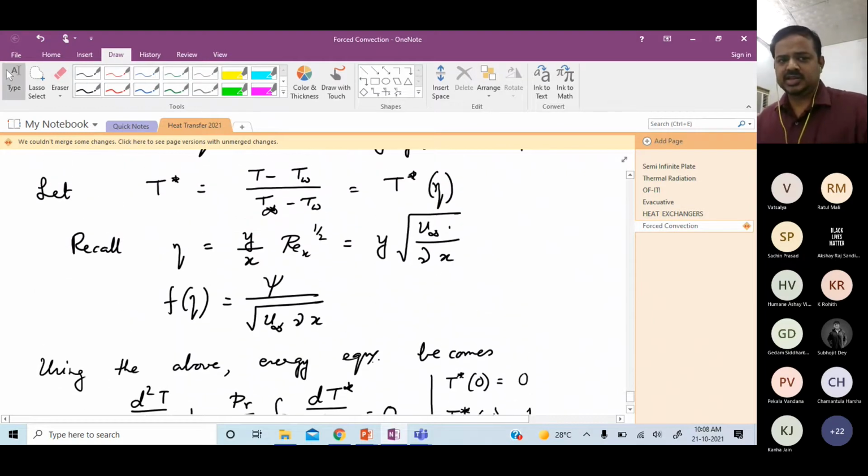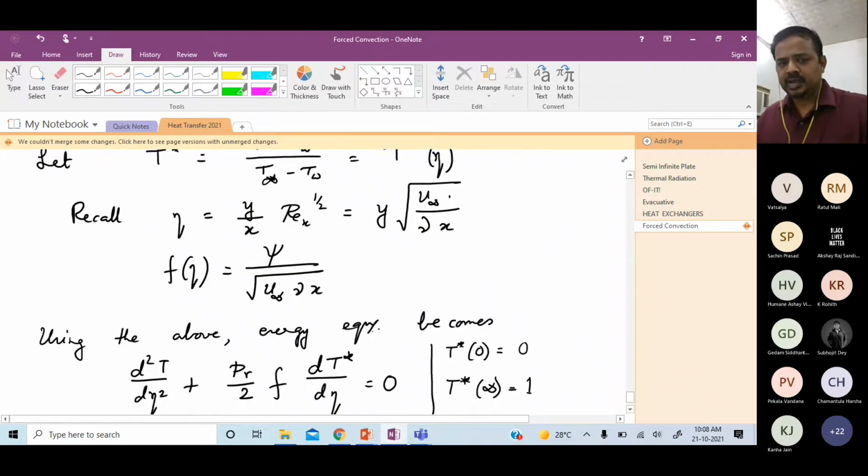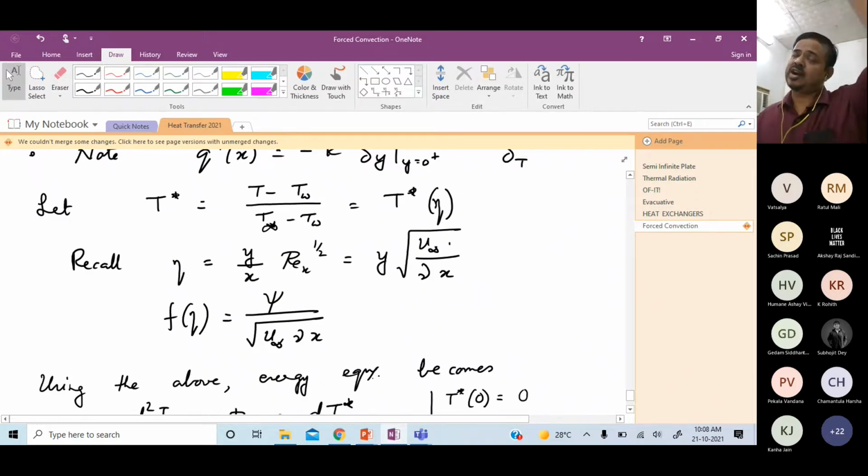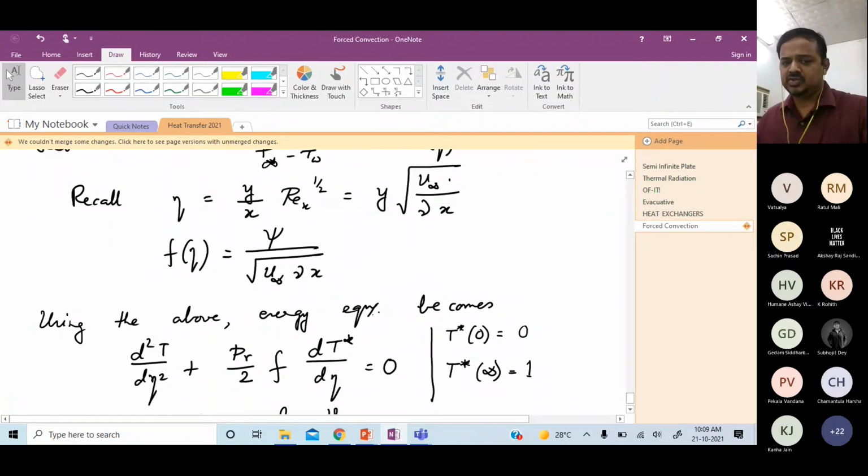Because T star is T minus T W, and at y equal to 0, T is T W, right here. Similarly, when you move far away, when y is very high, so eta at infinity, the temperature of the fluid becomes that of the free stream temperature. So T equals T infinity, and T star equals 1.